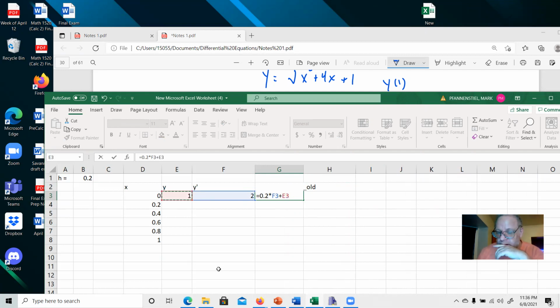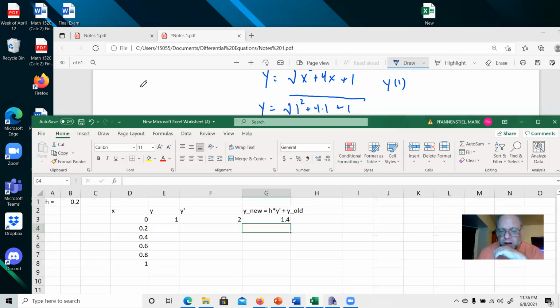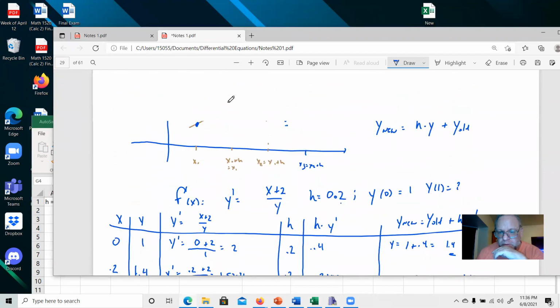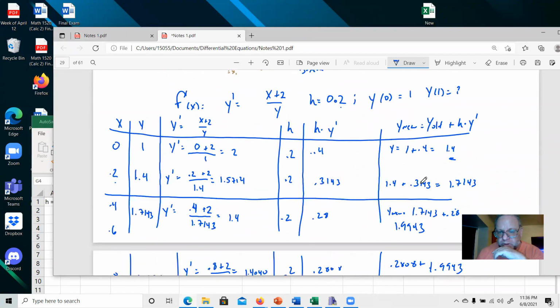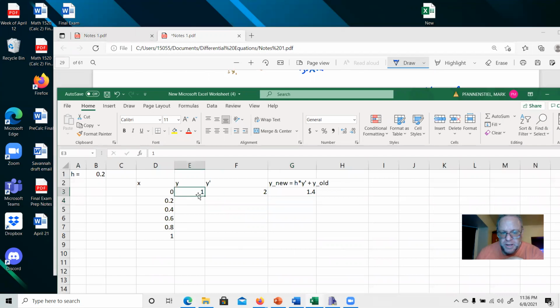That's our old one. Okay. So 1.4. Are we kind of in the ballpark for what we started with? Right, when I first started doing this, we ended up something like this, didn't we? Okay. So what we're going to do here is I'm going to say, oh, this is plus this thing. Okay. Let's do one more, and then we'll cut and paste and not have to do any of this.